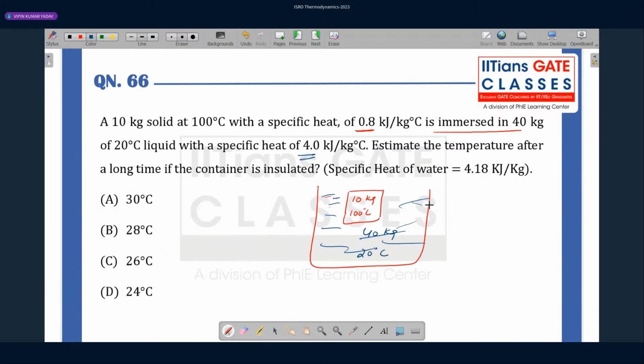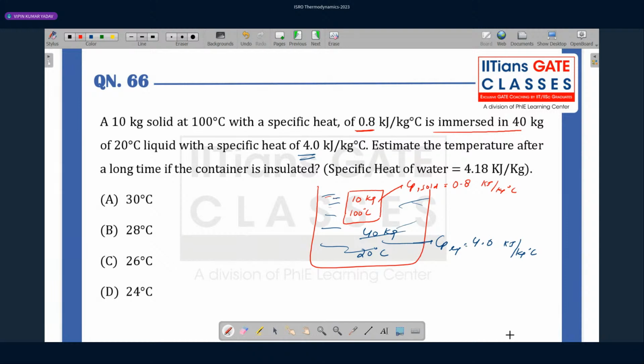Cp of liquid is 4.0 kilojoule per kg degree Celsius, and Cp for solid is 0.8 kilojoule per kg degree Celsius. Estimate the temperature after a long time if the container is insulated. Specific heat of water is given as 4.18.